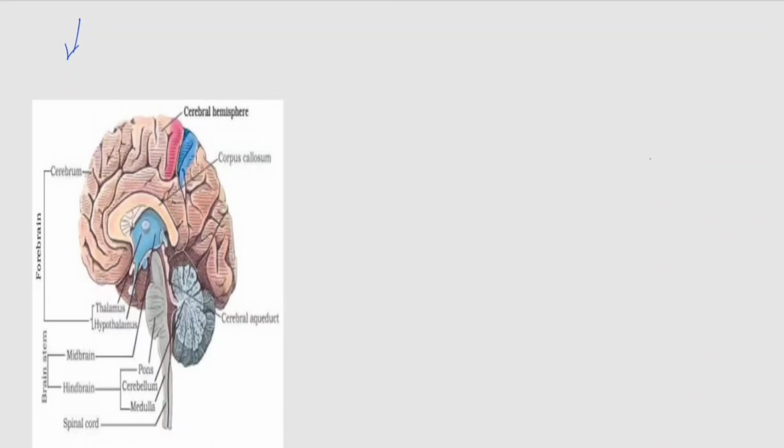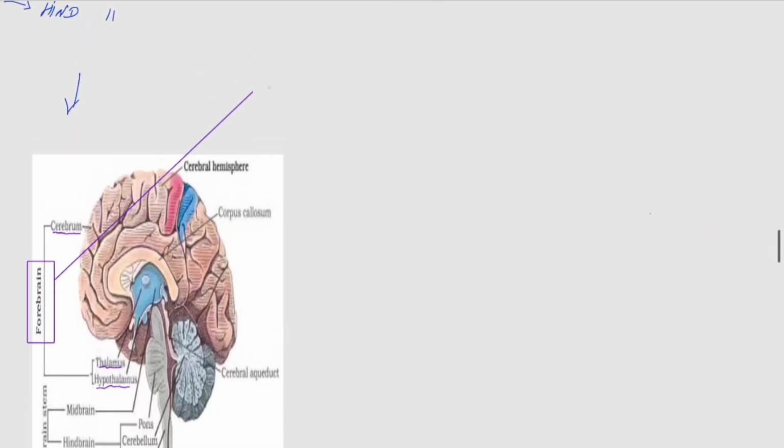First is forebrain. In the diagram, you clearly see the forebrain. The forebrain is made up of cerebrum, thalamus, and hypothalamus, collectively known as forebrain. Now let's talk about the forebrain. The forebrain has 4 parts.